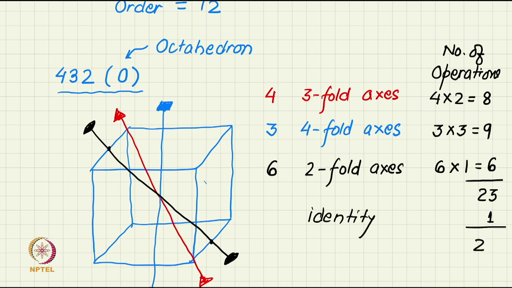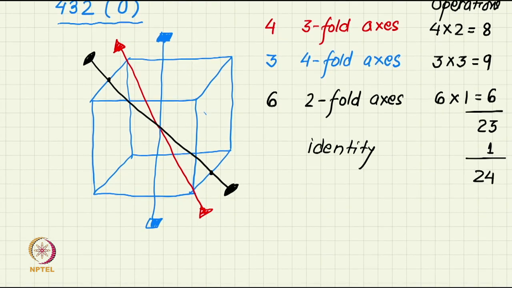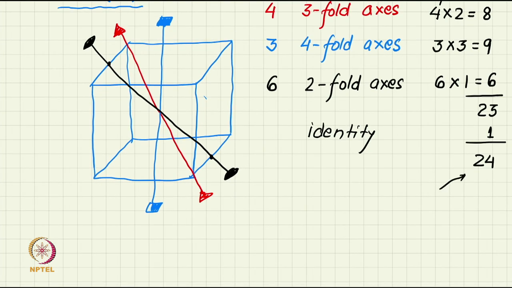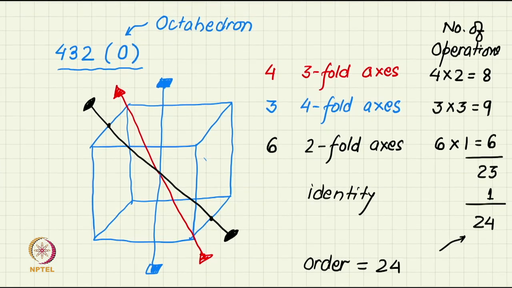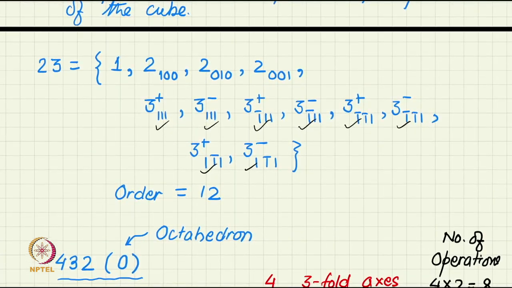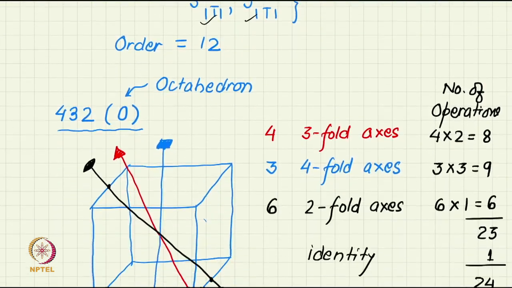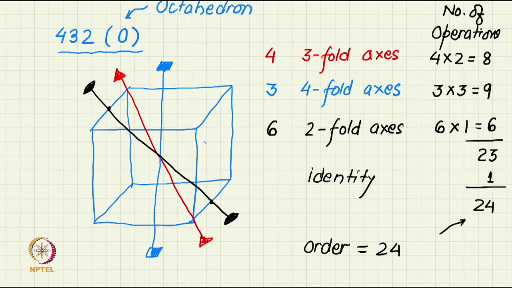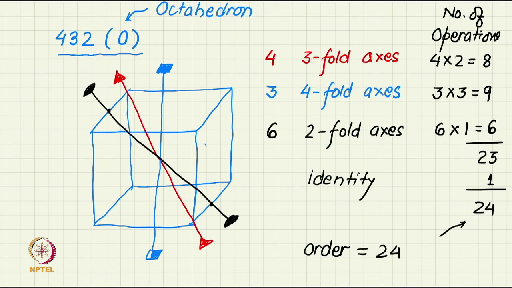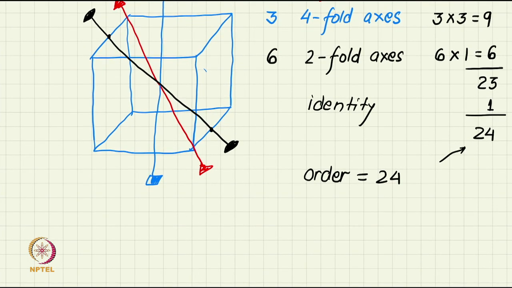So, you have the order of the cubic group is 24, and using the system which I have shown you, you can easily write these 24 operations using the Miller indices of the directions and the symmetry operation designations.